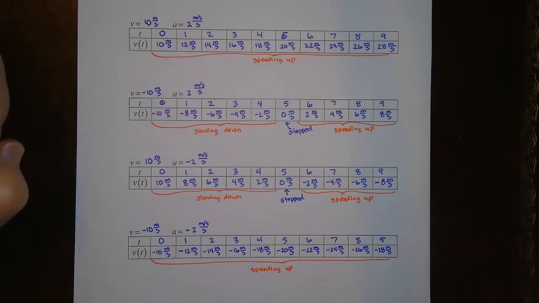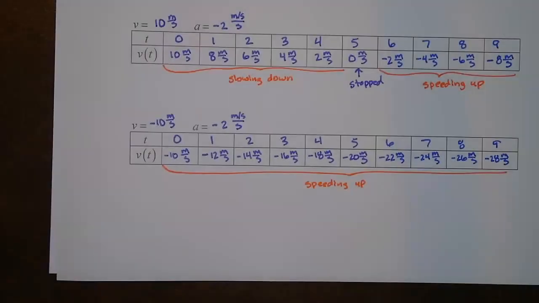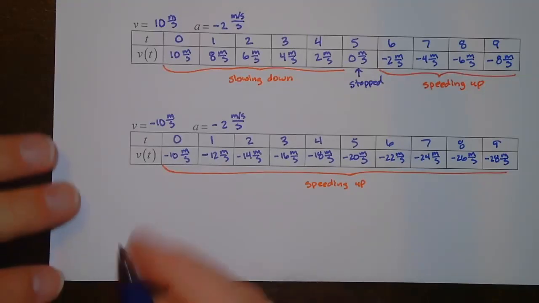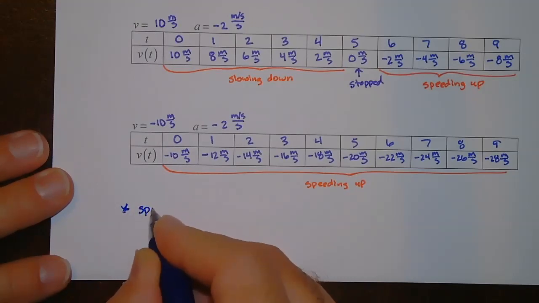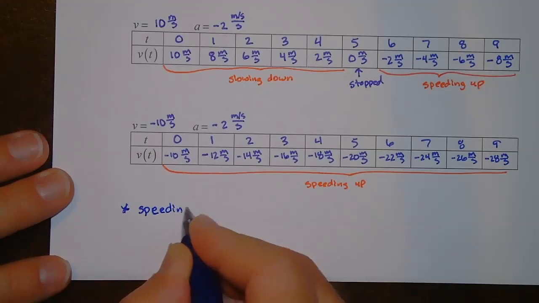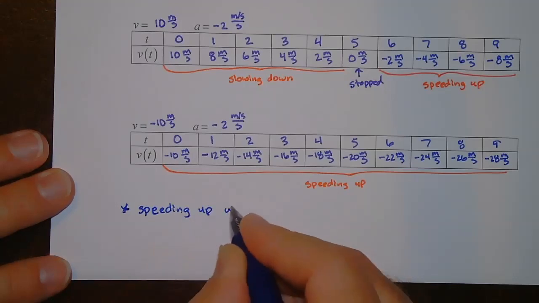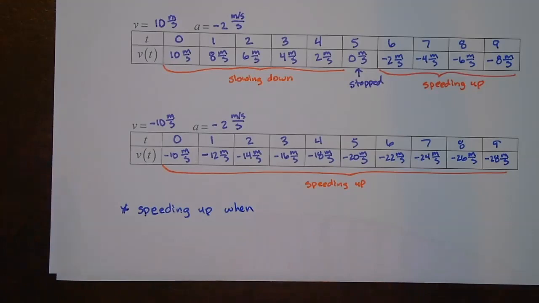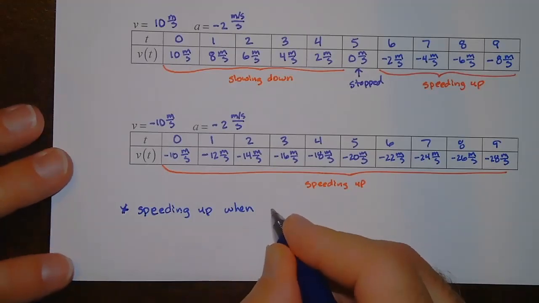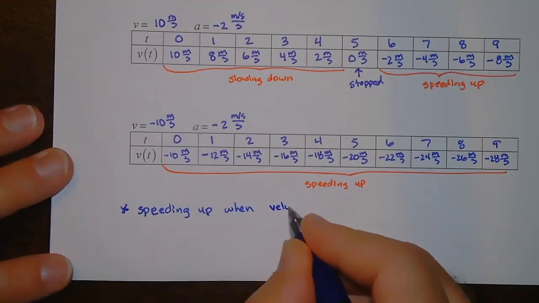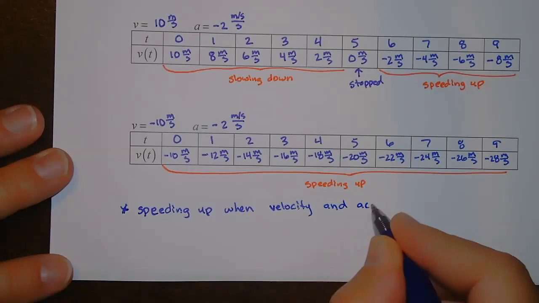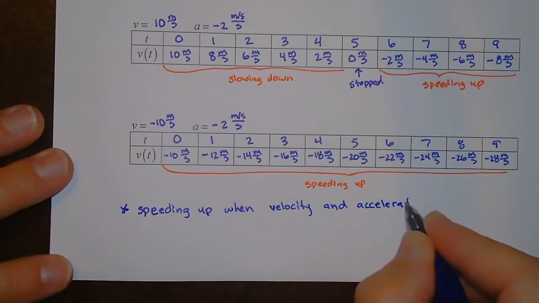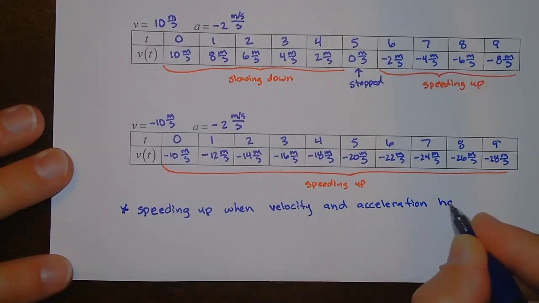Okay, so let's summarize this. I'm going to summarize this down at the bottom. So we know that we are speeding up when, and it has to do with velocity and also acceleration, but it's going to be speeding up when the velocity and acceleration have the same sign.